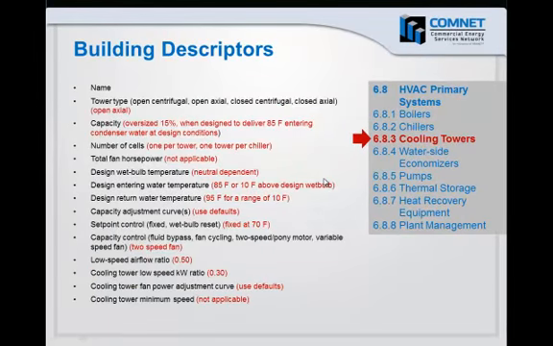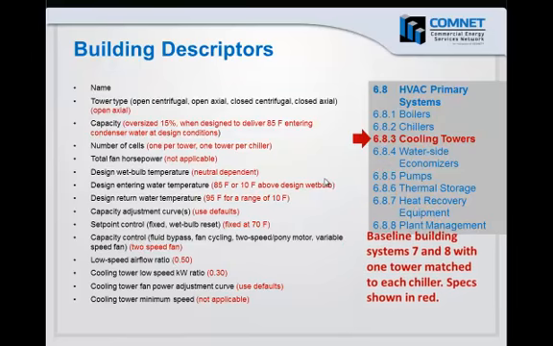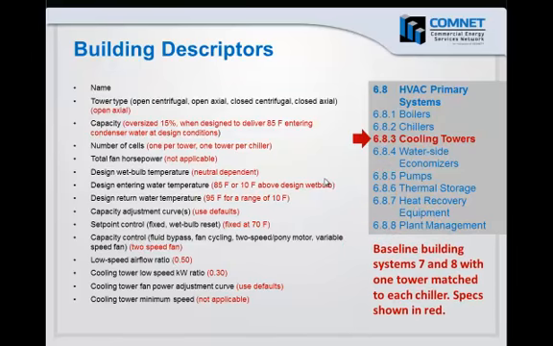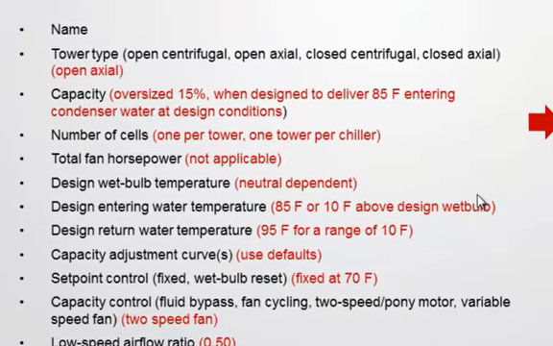For towers, baseline systems 7 and 8 both have towers, and each chiller has a tower matched to it, and each tower has 1 cell. So for more than 600 tons, there's 2 chillers, so there'd be 2 towers. For less than 300 tons, there'd be 1 chiller, so there'd be 1 tower.